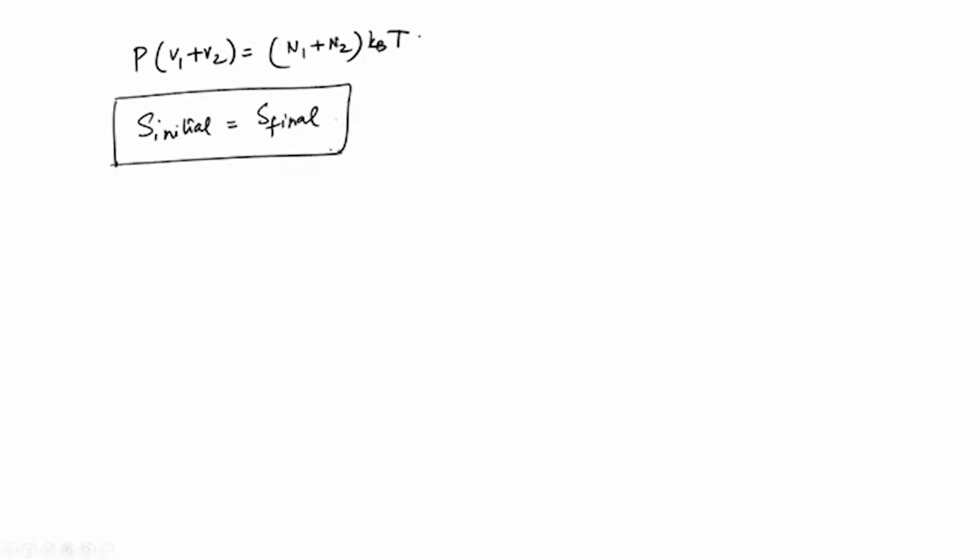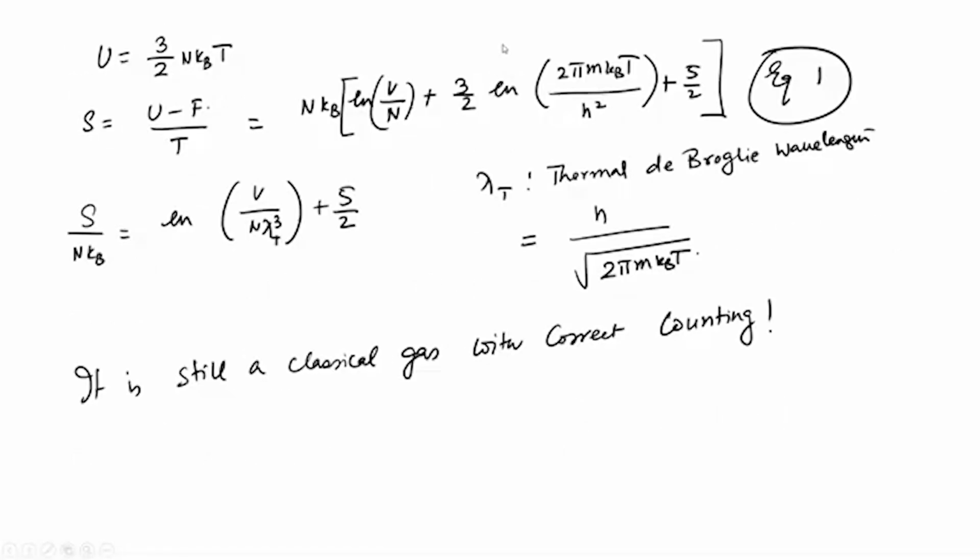So, the idea was to start taking care of the overcounting right from the beginning, at the definition of the partition function, and hence arrive at this expression for entropy, which is known as the Sackur-Tetrode equation. And this equation has the extensive nature built in. So equation 1 is called the Sackur-Tetrode equation.